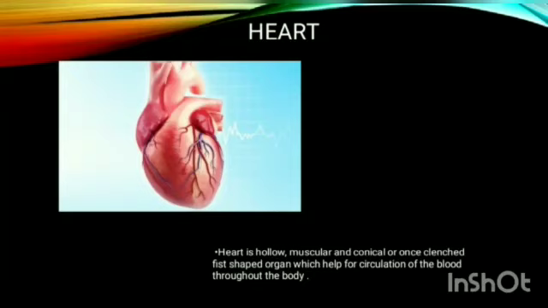Average weight of the heart is about 250 to 300 gram in a normal healthy adult person. In male, it is 310 gram, which is 0.45% of total body weight. And in female, it is 260 gram, which is 0.40% of total body weight.